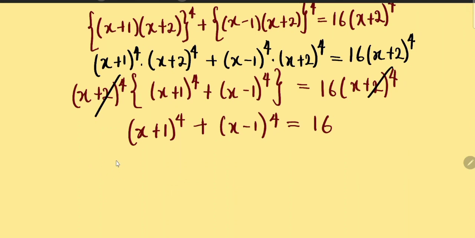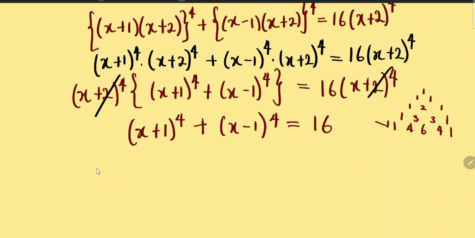When we expand x plus 1 all raised to the power of 4 using our basic idea of binomial expansion, don't forget you can use your Pascal triangle, where we have 1 1, then 1 2 1, then 1 3 3 1, then 1 4 6 4 1. For power 4, this is the row we are going to take.